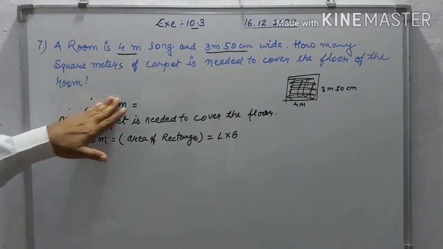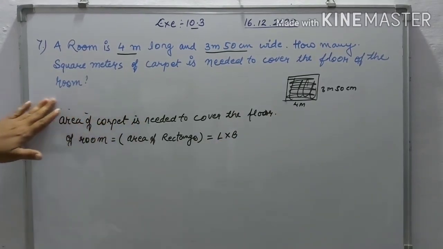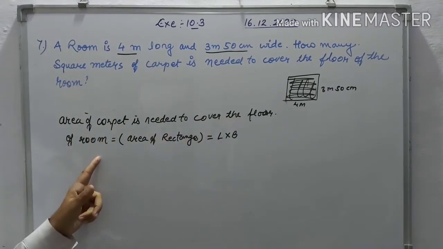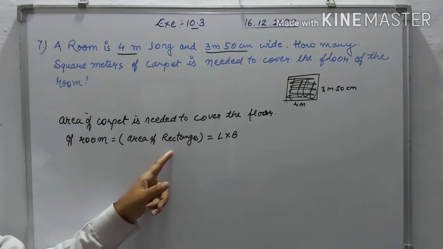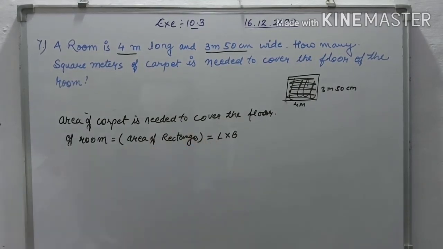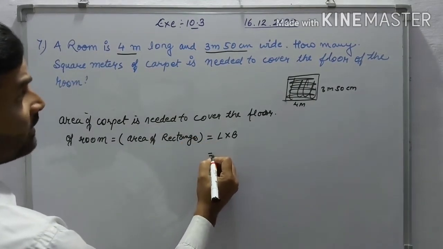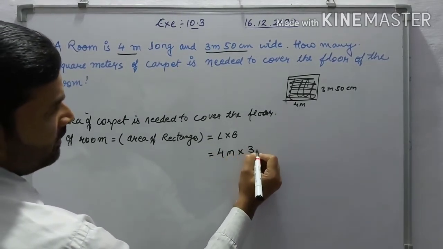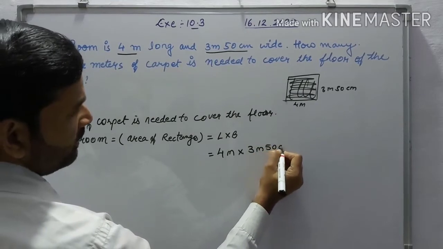Okay, the area of carpet needed to cover the floor of the room is equal to the area of the rectangle, that is length into breadth. Here the length is 4 meter and the breadth is 3 meter 50 centimeter.